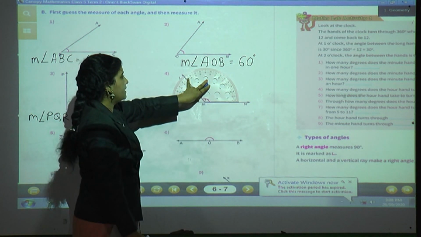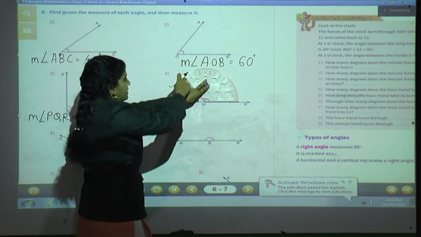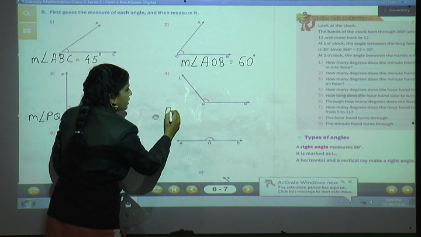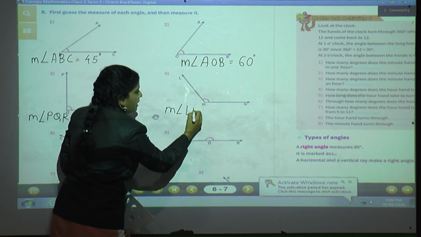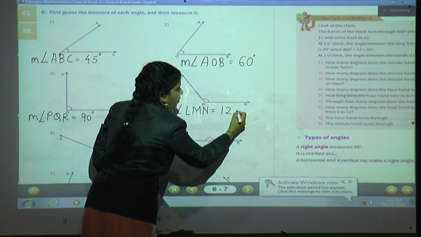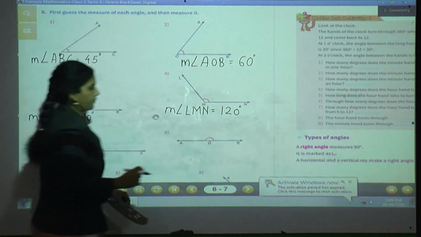So the answer is 120 degree. Measure angle LMN is equal to 120 degree.